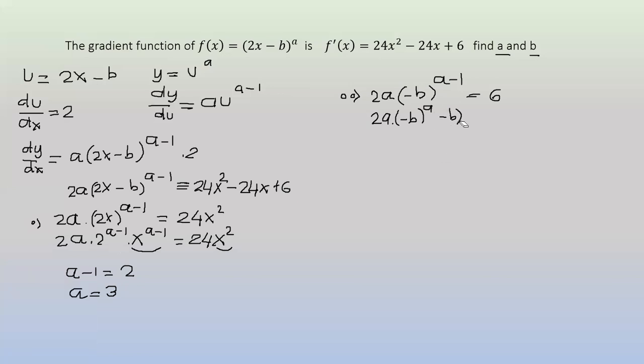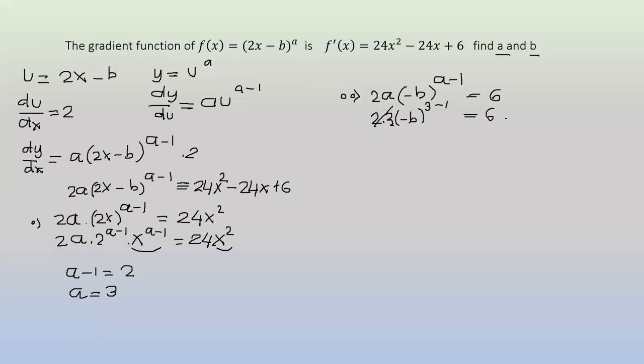Oh, wait. I will substitute a. Substitute a: 2 times 3, it will become 6, times (negative b) to the power 3 minus 1 equals 6.